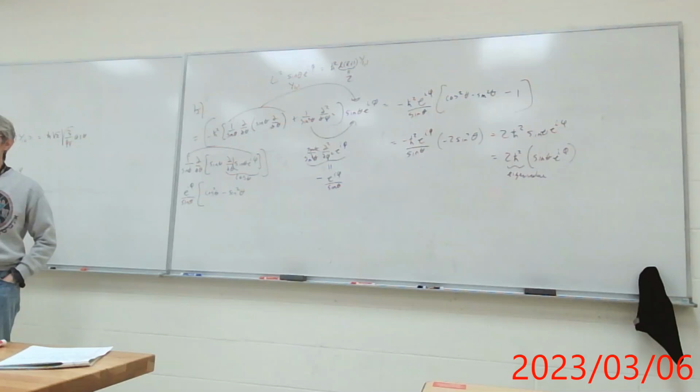Okay? So let's find, well, we had Y 1 comma 1, which I wrote down here someplace. Here it is. We're just going to operate with L minus, this is number 16, L minus on Y 1 comma 1.